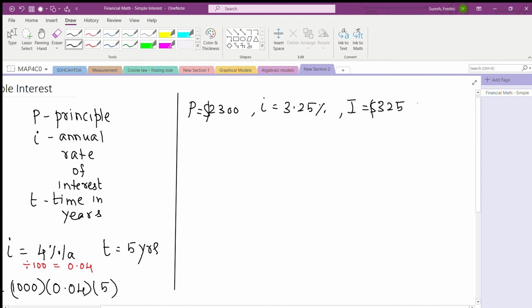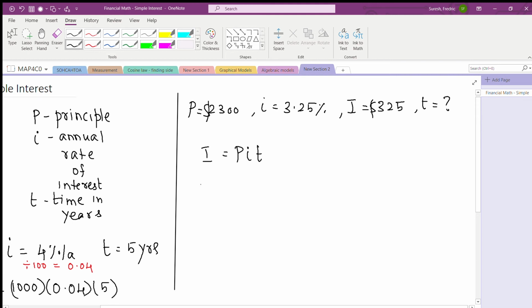Okay, so now the question is, how long did you borrow the money for? Let's write everything down first in the formula: I equals P times i times T.